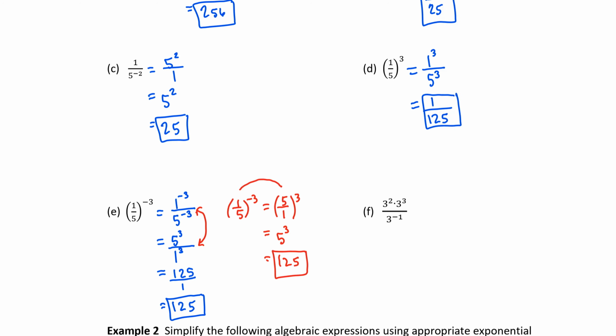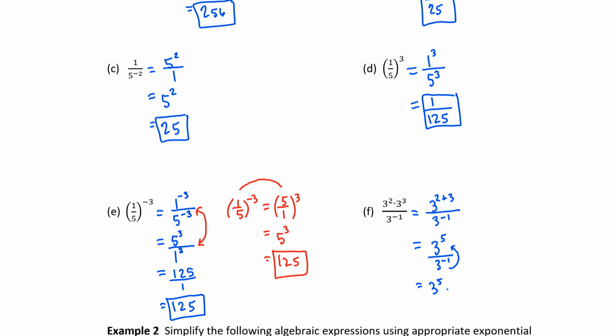On example F, we are going to simplify our numerator first. Notice in the numerator we're multiplying like bases, so we need to add the exponents. And when we simplify there, we get 3 to the 5th over 3 to the negative 1. Now, we need to take the expression with the negative exponent out of the denominator and move it up into the numerator.